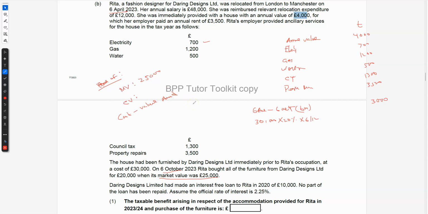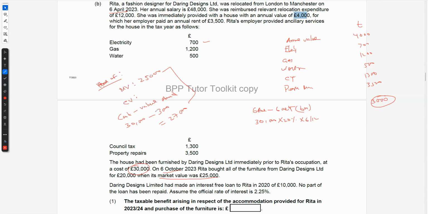Cost was 30,000. The value assessed means how much is already depreciated. So she already used 3,000 pounds, so we need to minus the 3,000. So the value has gone down by 3,000, so it is 27,000. Between 27 and 25, we need to pick the higher one, so the higher one is 27.